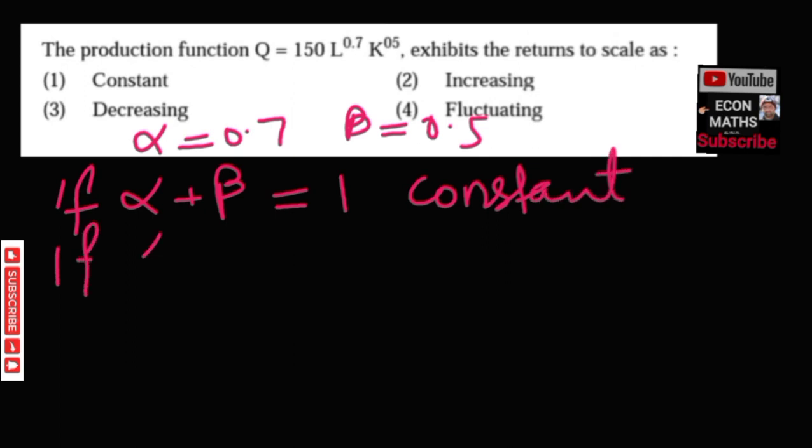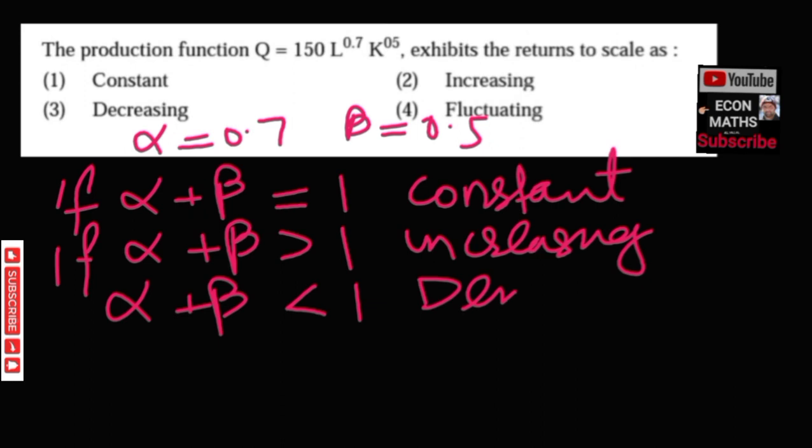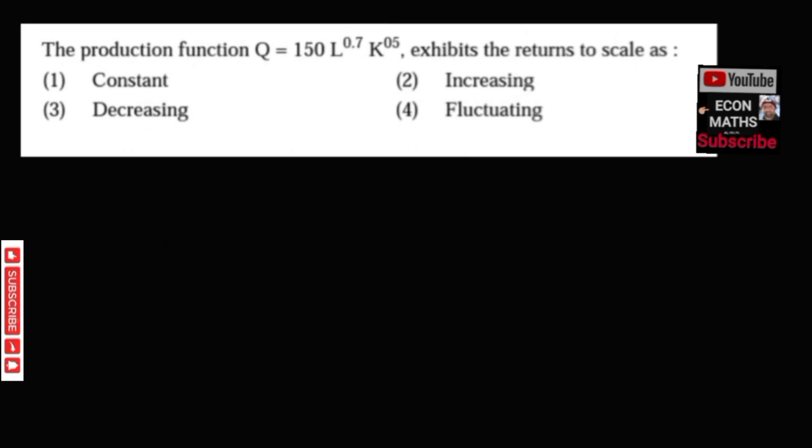If alpha plus beta is greater than 1, we have increasing returns to scale. Similarly, if alpha plus beta is less than 1, at that time we have decreasing returns to scale.